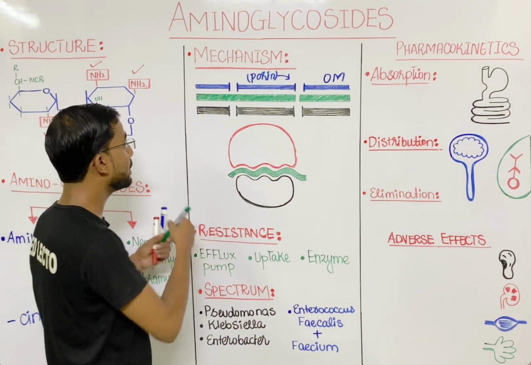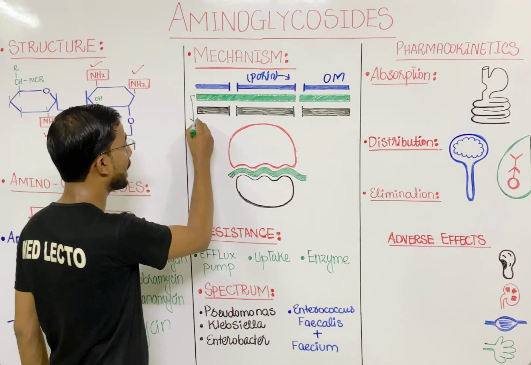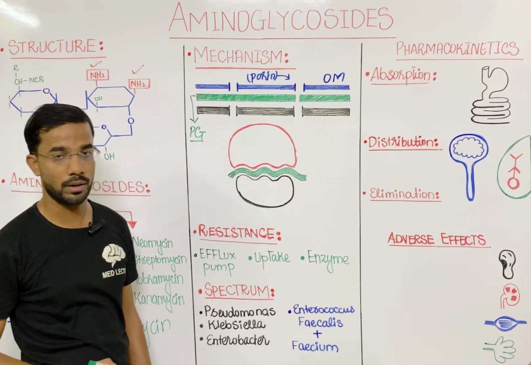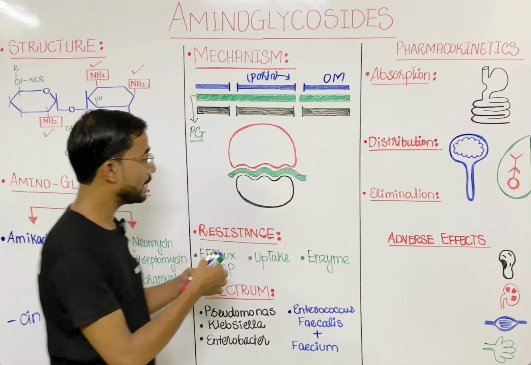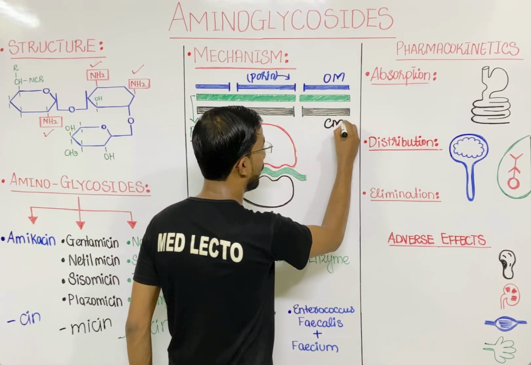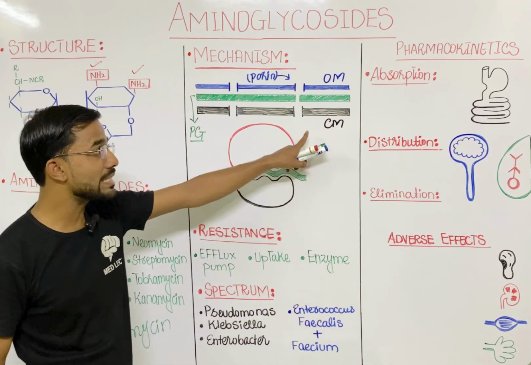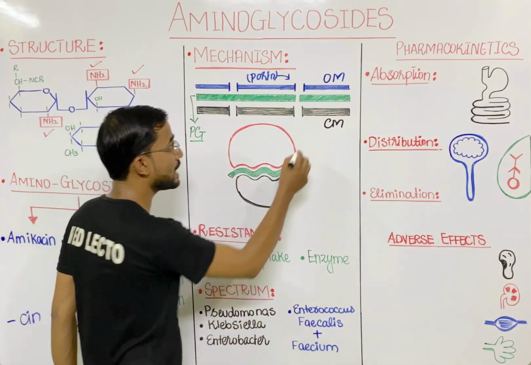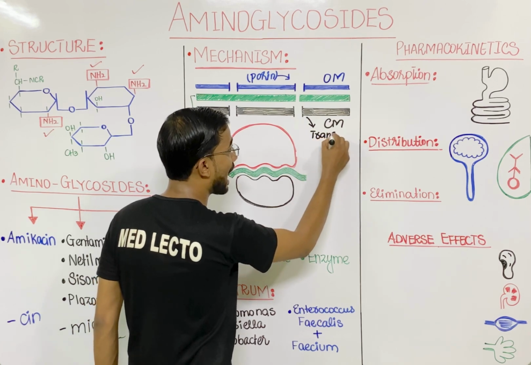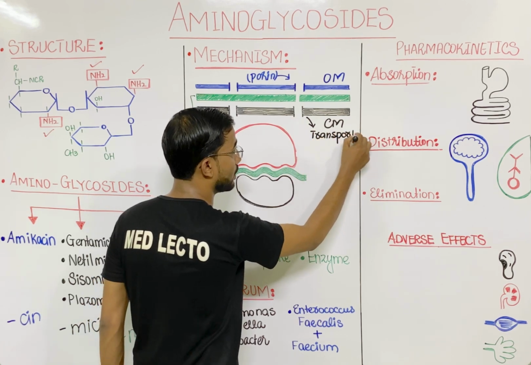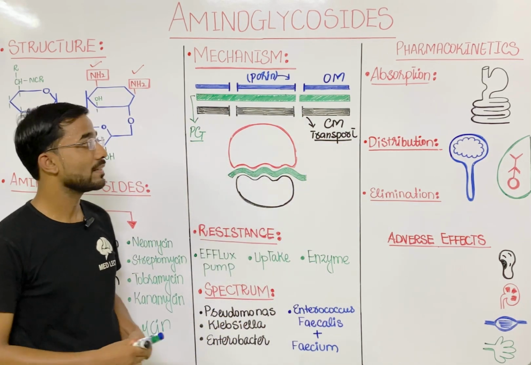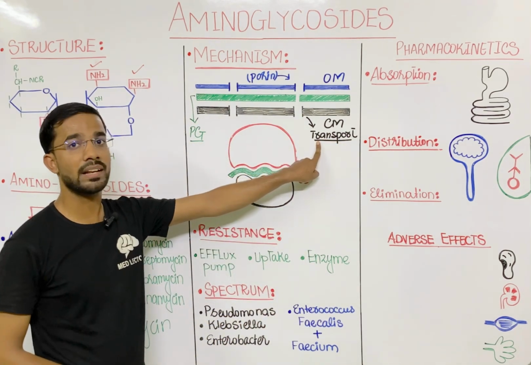Next, we see the peptidoglycan, the most important component of the bacterial cell wall. In the innermost layer, you will see the cell membrane, which has a special transport system that depends upon oxygen. If there is no oxygen, this transport system will not work.